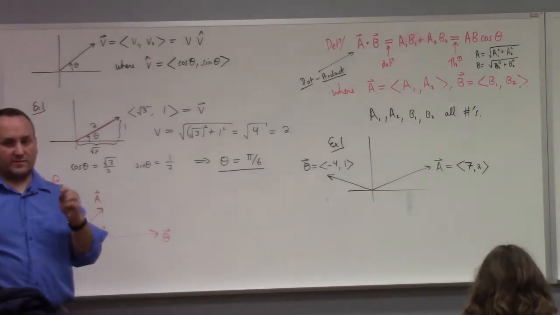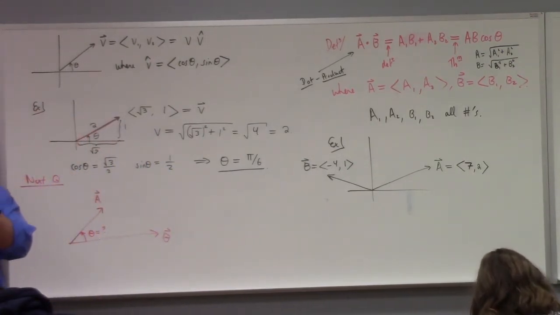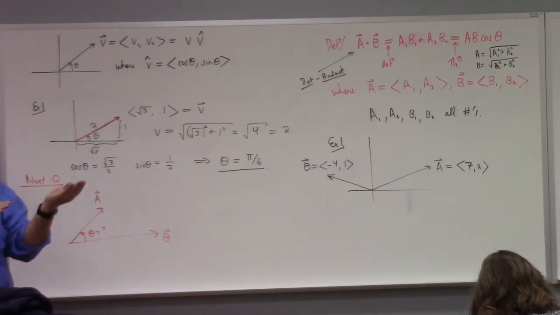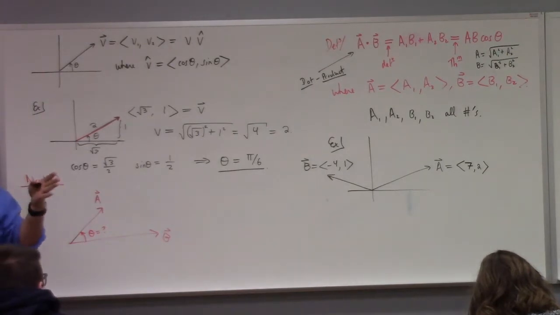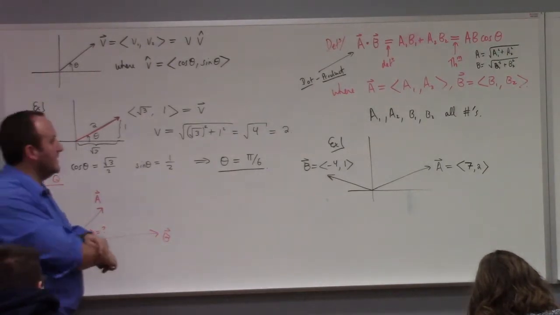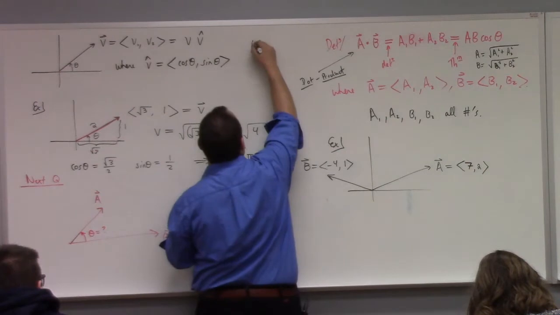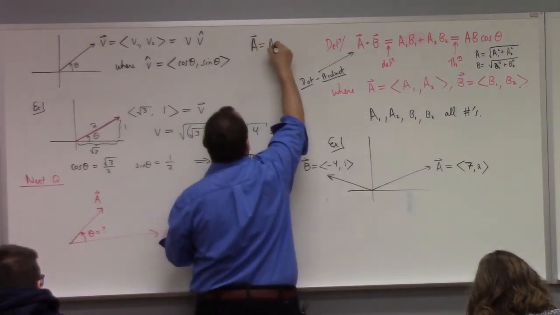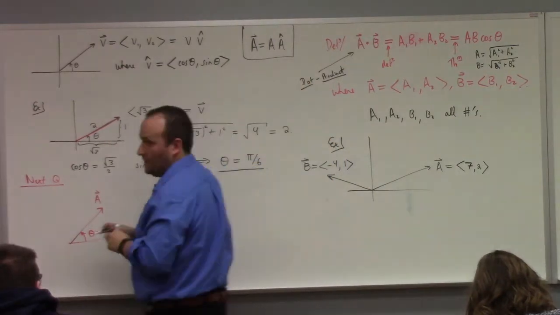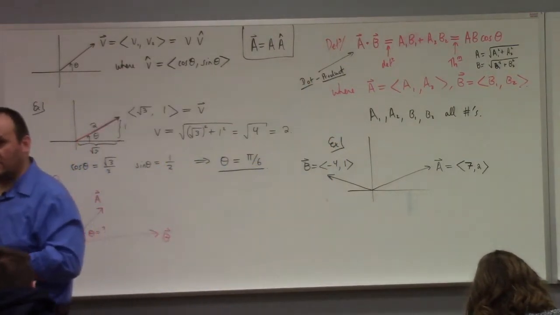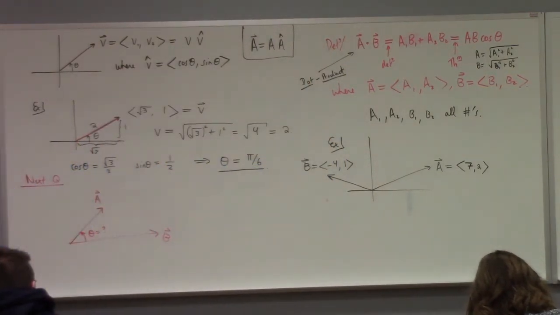We use the symbol with the vector for the vector, the symbol with a hat for the unit vector in the direction of the vector, and the symbol without the vector, just the letter, is the magnitude. So in this notation, we always have that vector A is A times A hat, etc. A is the magnitude, A hat is the direction. Any vector can be written as a magnitude times the direction.